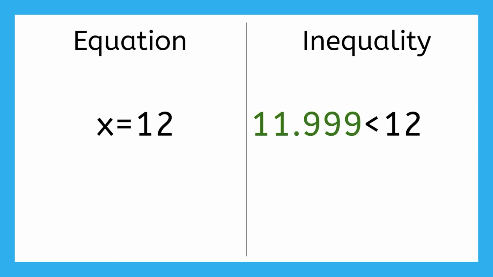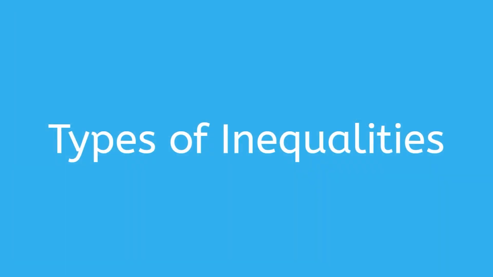There are actually infinitely many numbers that would be solutions here. So you could spend all day listing numbers that are true in this statement and wouldn't even get to them all. Now let's get comfortable with the types of inequalities you'll encounter.